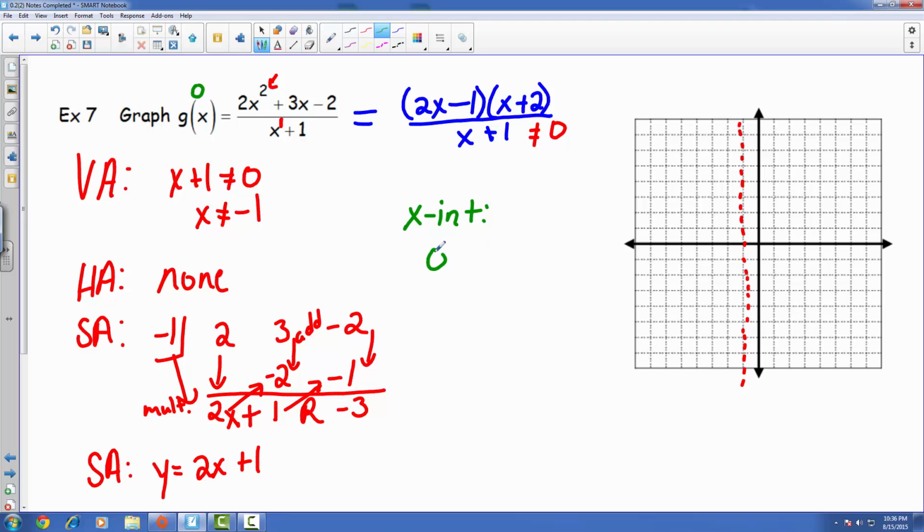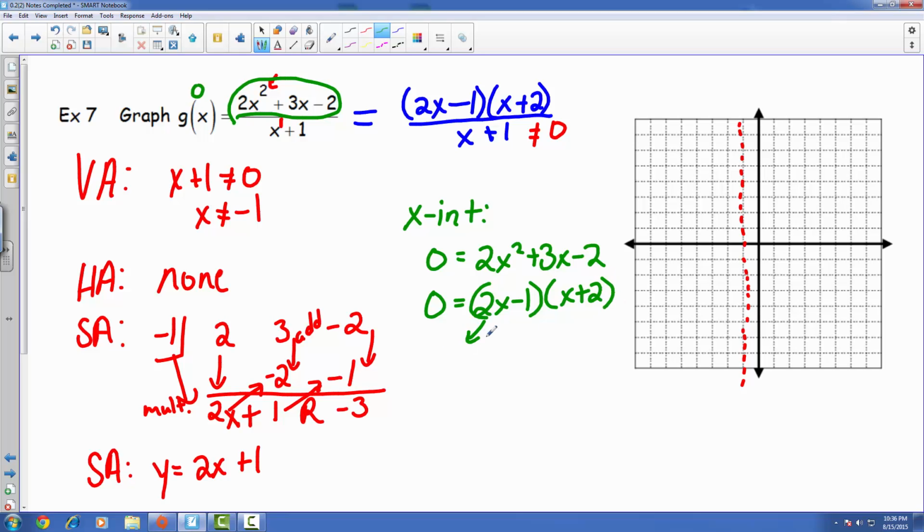So we're just going to say 0 is equal to... Now again, when we're trying to find x-intercepts, all we really need to do is set this top equal to 0. That's that little trick that we saw in the past. And then just solve for x from here. The bonus is we've already factored. So we have 0 is equal to 2x minus 1 times x plus 2.